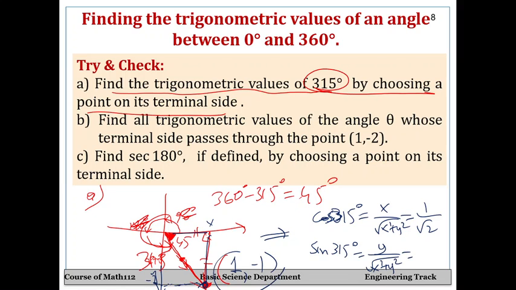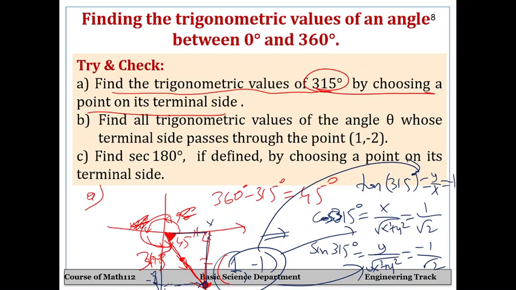You can use these numbers here for x and y, and you'll get -1 over square root 2. And then tangent 315 is equal to y over x, which is equal to -1. You can do the rest by taking the reciprocals of them, and you can find the other values.